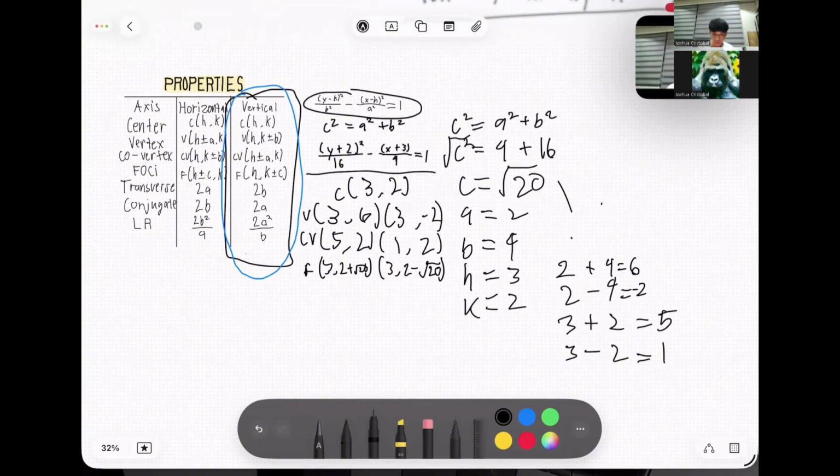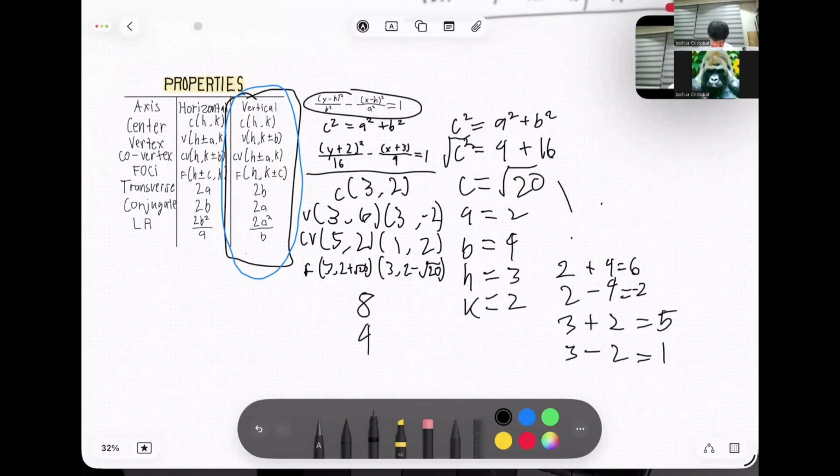Next thing that we'll solve for is the transverse axis, which is 2b. So b times 2 is 8, because 4 times 2. So it's going to be 8. And the conjugate axis is 2a, so 2 times 2 is 4.